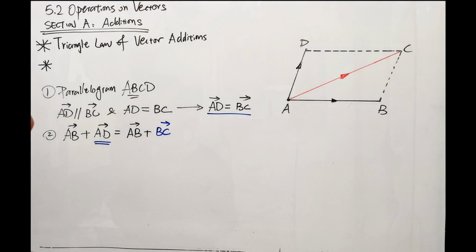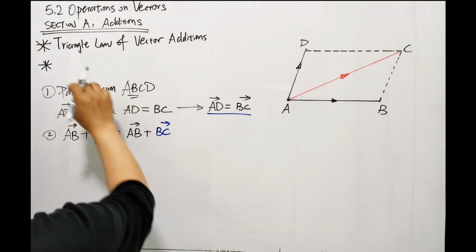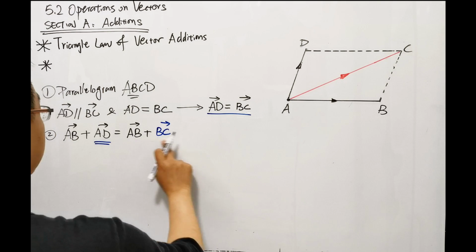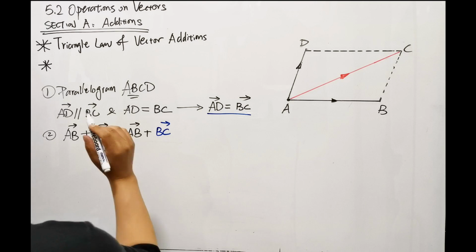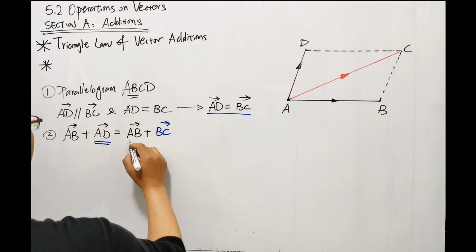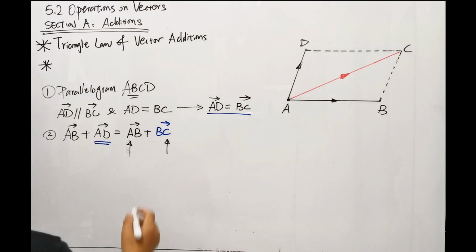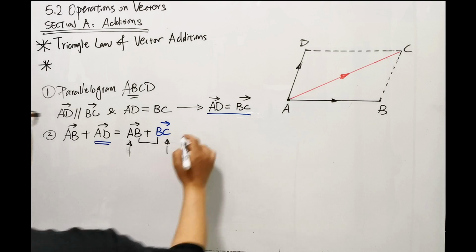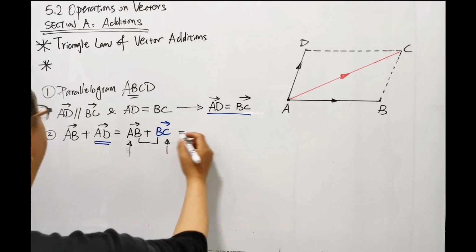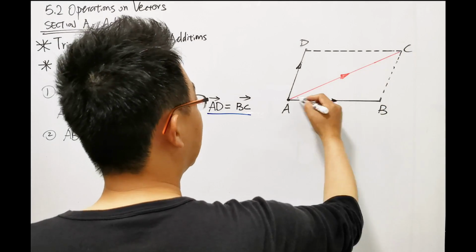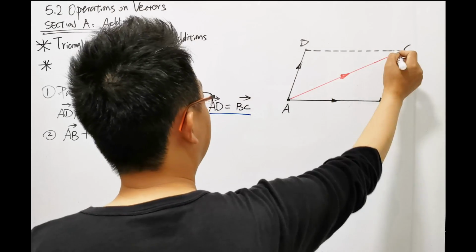Now we know a very important concept, because we already learned it just now. If A is the initial point and C is the ending point, and B is the intermediate point, then we can apply this triangle law in this triangle.